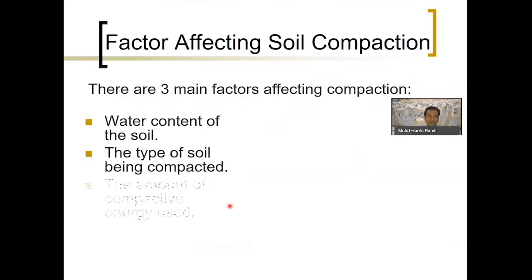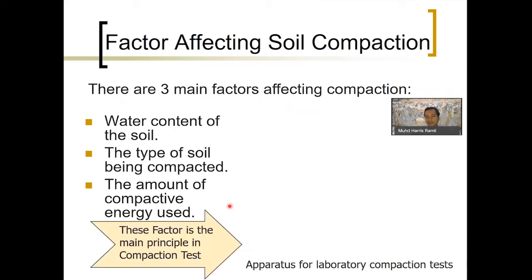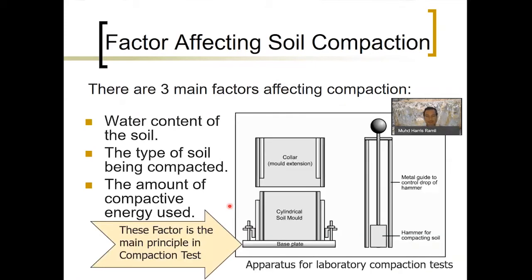There are 3 main factors affecting compaction: the water content of the soil, the type of soil being compacted, and the amount of compactive energy that you use for compacting the soil. These factors are used in the main principle of compaction tests.